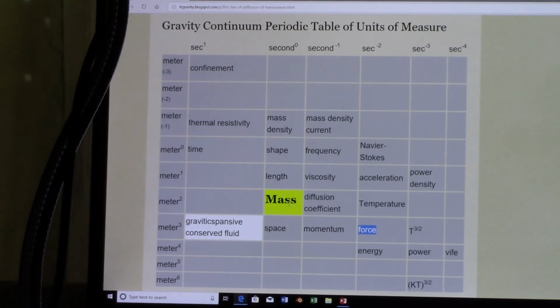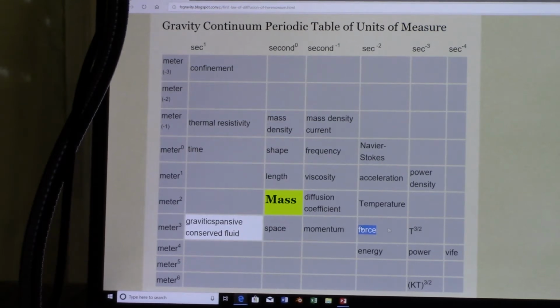So that means force becomes acceleration times square meters. So that means it would be cubic meters per second squared over here. So that's force at the intersection of seconds to the minus 2 power and meters to the 3 power.